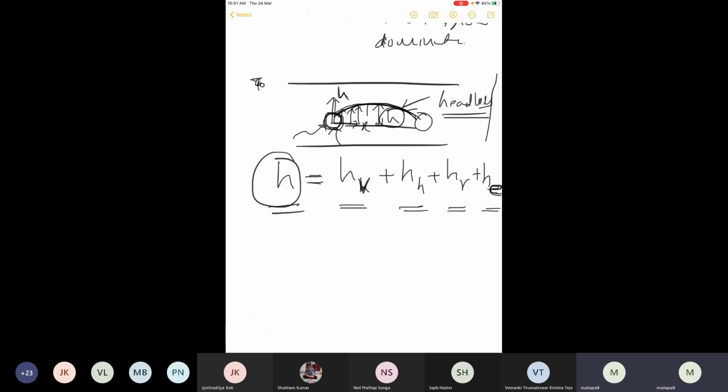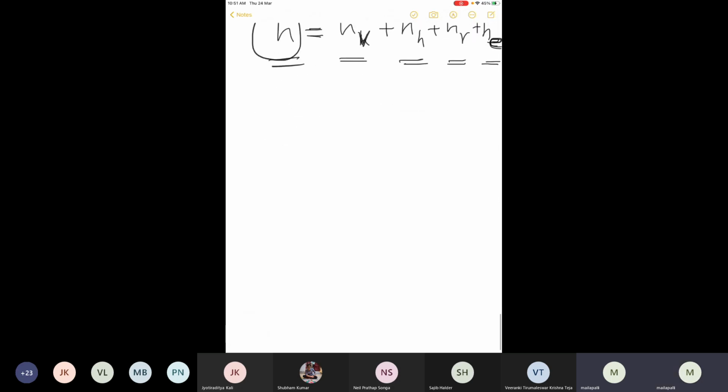Okay, so let me see how to find out the vertical. Let's say this is the vertical flow, and we are finding out the vertical head loss HV.